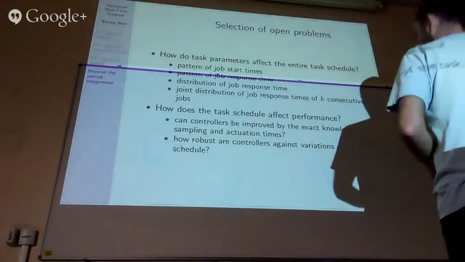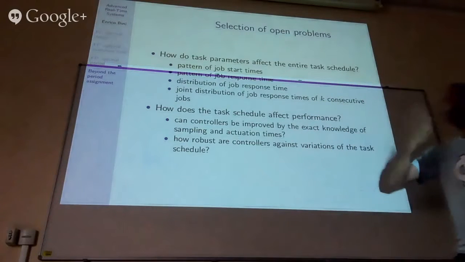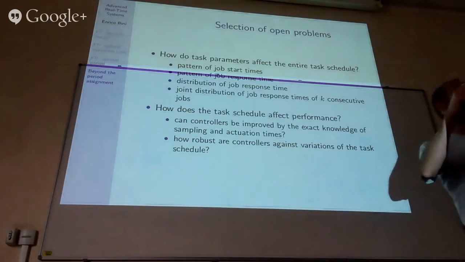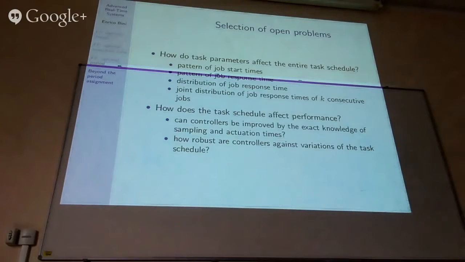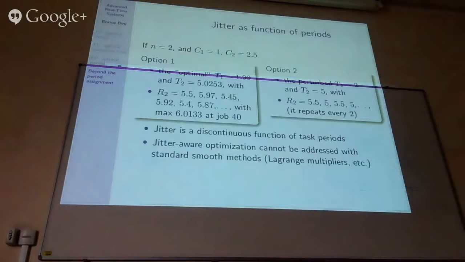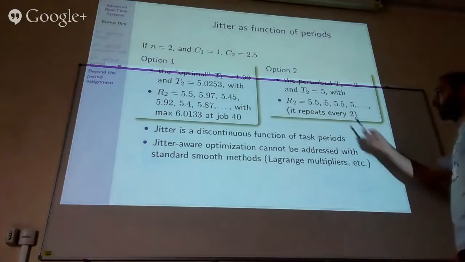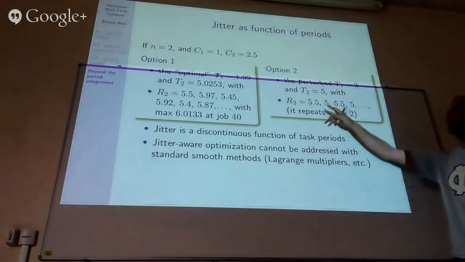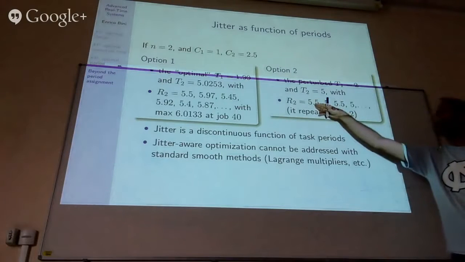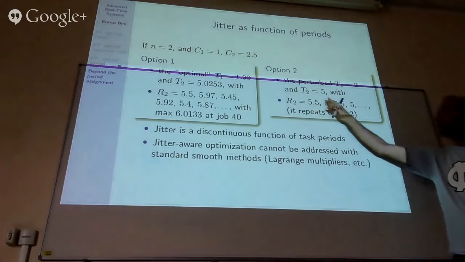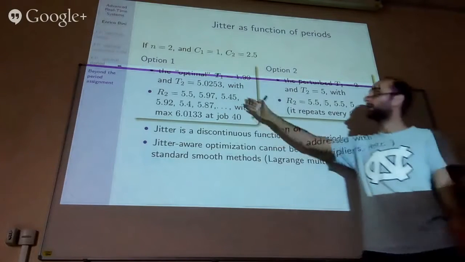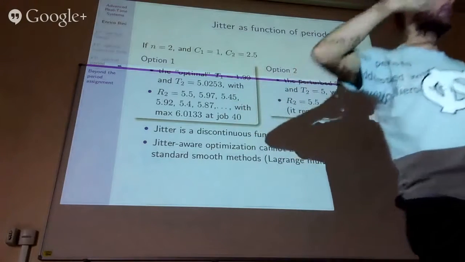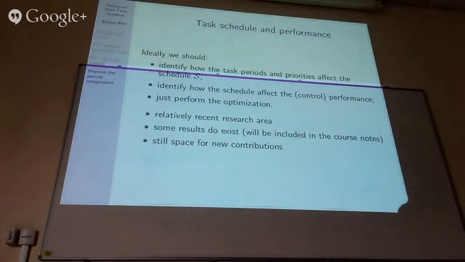Or the joint distribution of k consecutive response times. In the example I showed before, the response time is very deterministic, because if now you read 5.5, next you're going to read 5. It's really deterministic. Here it is a bit more chaotic, something that we don't know.